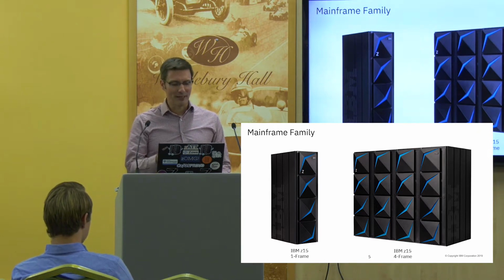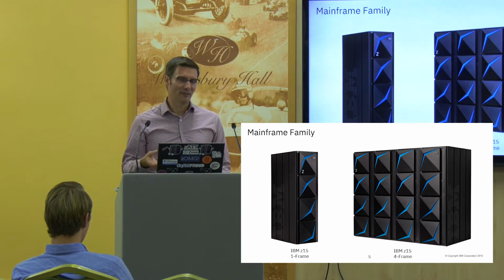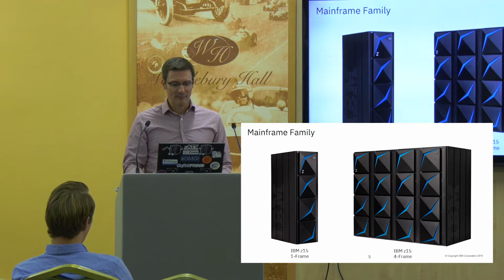Of course, there are many models here, and this is just a sampling of two of them: a 1-frame wide unit, which is 19 inches wide and fits in a standard rack, and then you have the 4-frame unit as well. That's the big mama, the largest configuration that you can have.